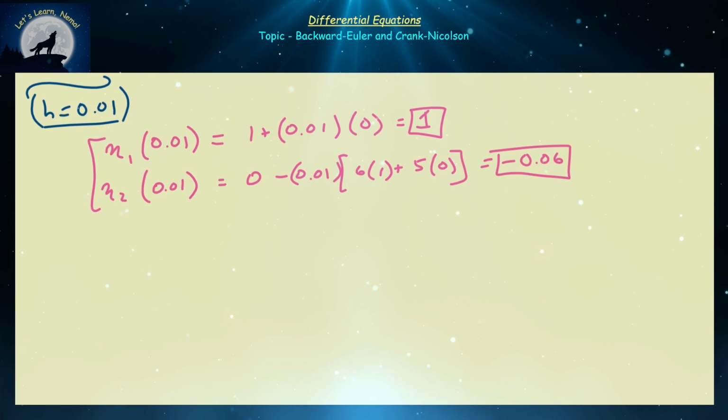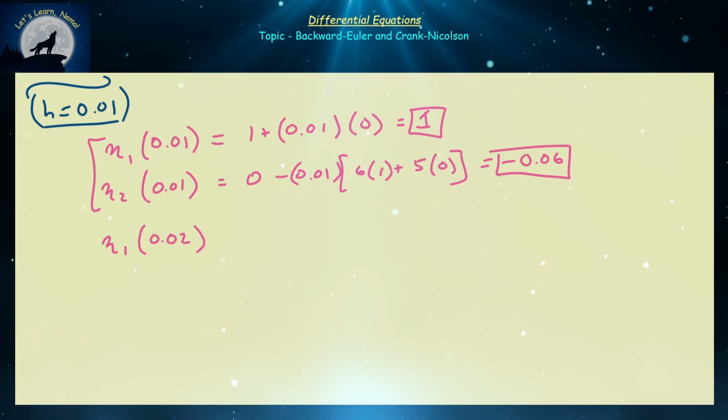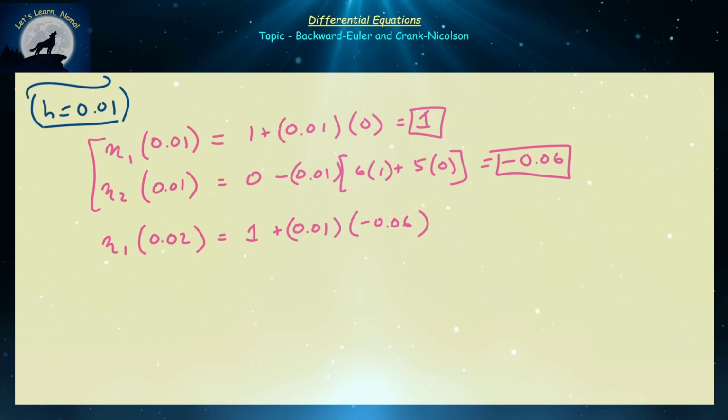Let's do a couple more points as well. So eta 1 at 0.02, we're going to use those values that we just calculated. So eta 1 evaluated at the last point, which is our 1, plus our h value, 0.01, times the last value of eta 2, which is negative 0.06.